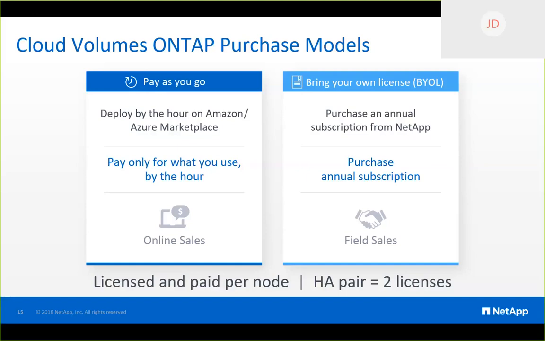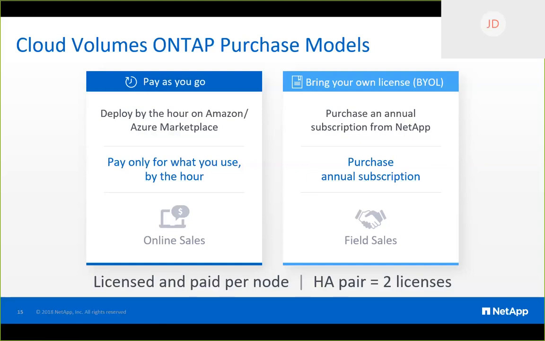That's as quick and easy as it can be. For people who know they're going to need to keep Cloud Volumes ONTAP running 24/7, or as I'll get into in a couple of slides, I would say at least 75% of the time, you can also just buy an annual subscription directly from NetApp.